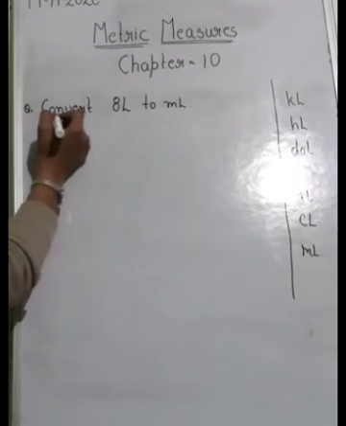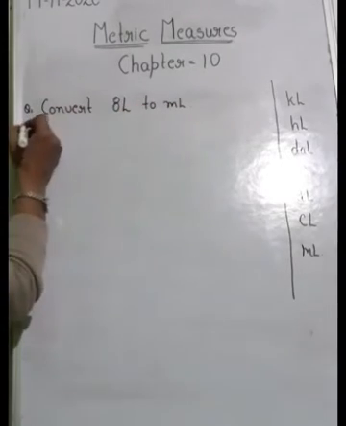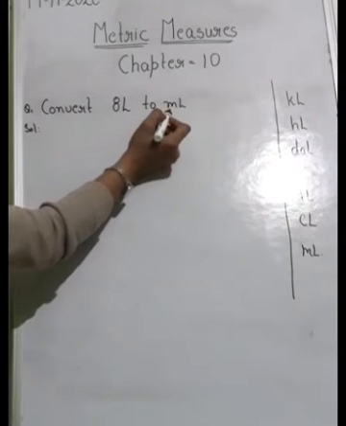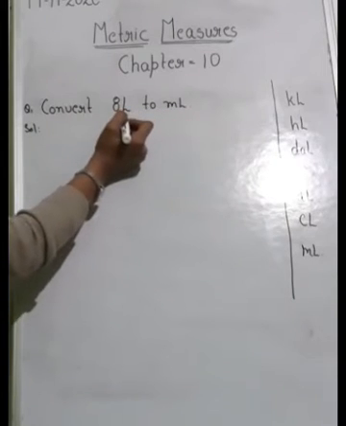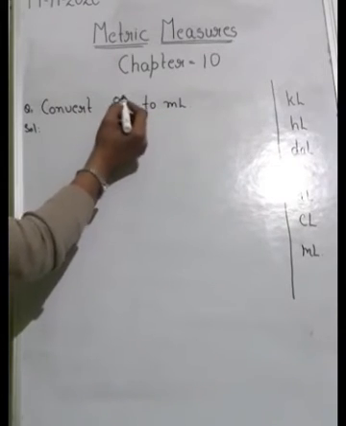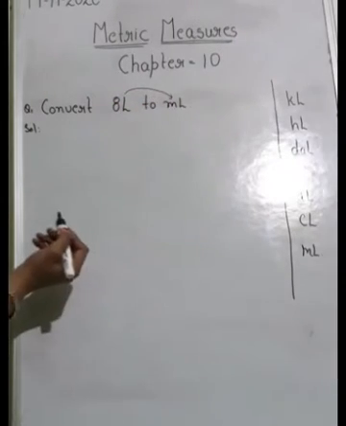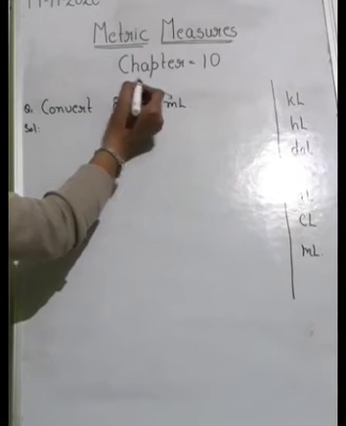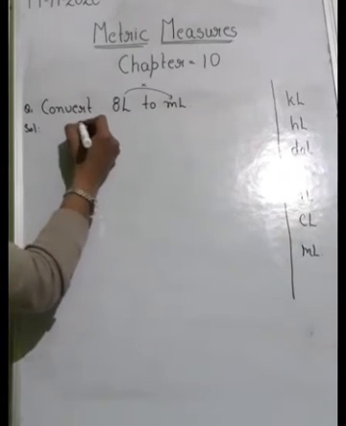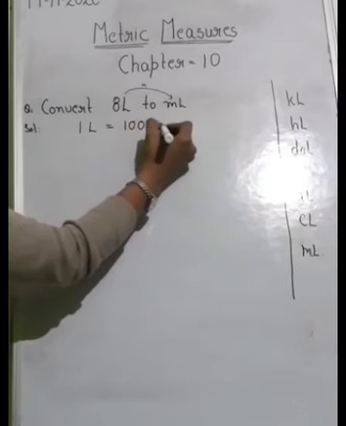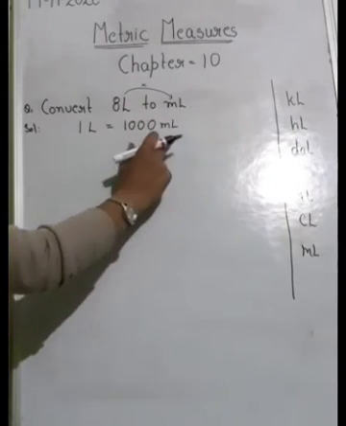So your first question is convert 8 liter to milliliter. Now you can see liter is a bigger unit and milliliter is smaller as compared to liter. I told you whenever you have to convert a bigger unit into a smaller unit, you have to do multiplication. So you will write 1 liter is equal to 1000 milliliter. This I have told you before.